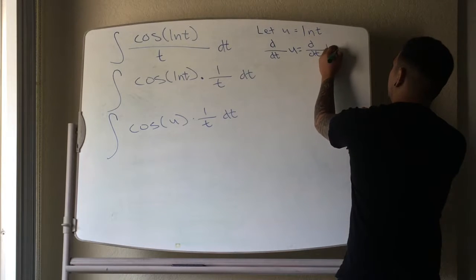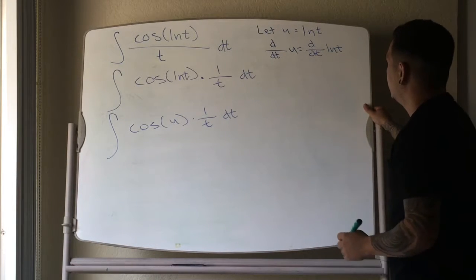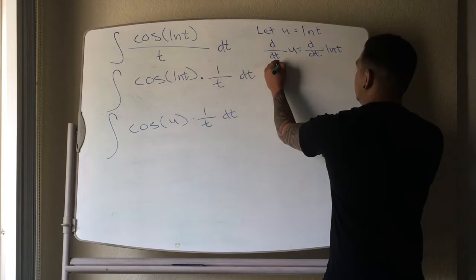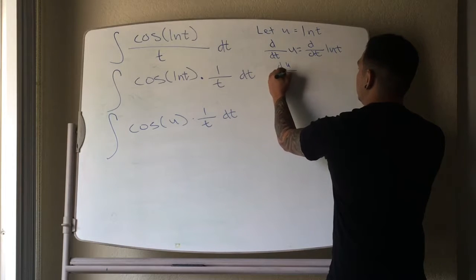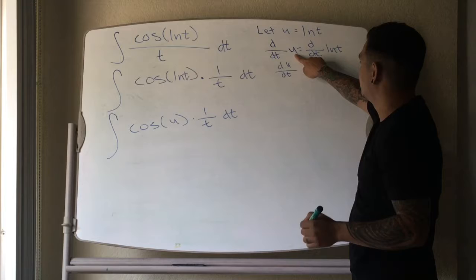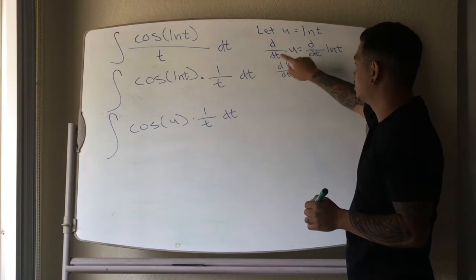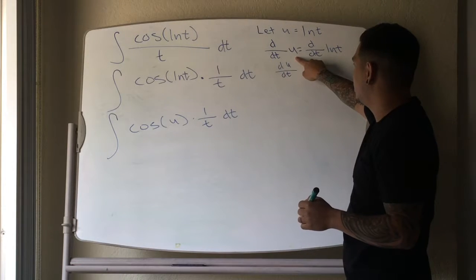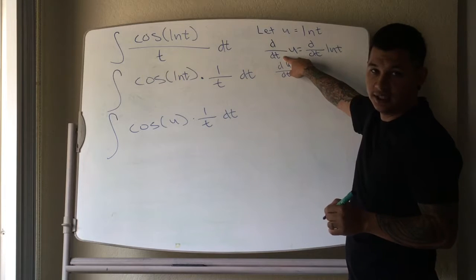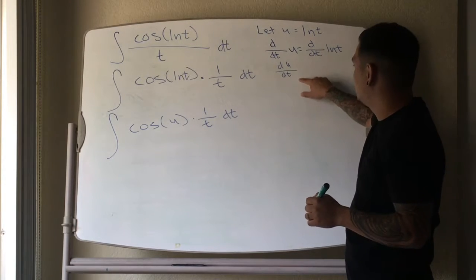The derivative with respect to t of ln t, and you're going to get du over dt, right? Because the derivative of u is just 1, and because it's with respect to t, you're going to have du over dt left.